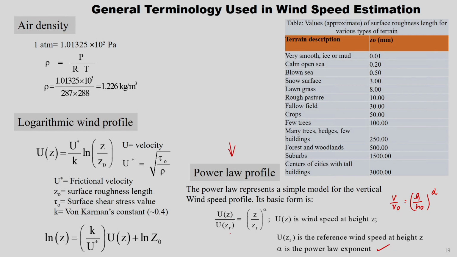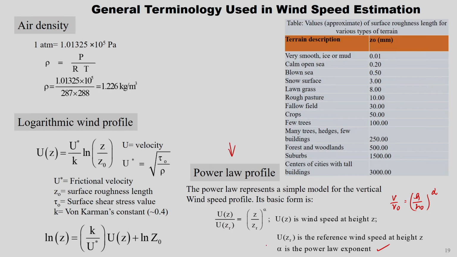Z is the particular height at which we want wind speed, and z_r, equivalent to H naught, is some reference height at which wind speed is known. u at z_r is already known at the reference height, and u at z is to be found out.